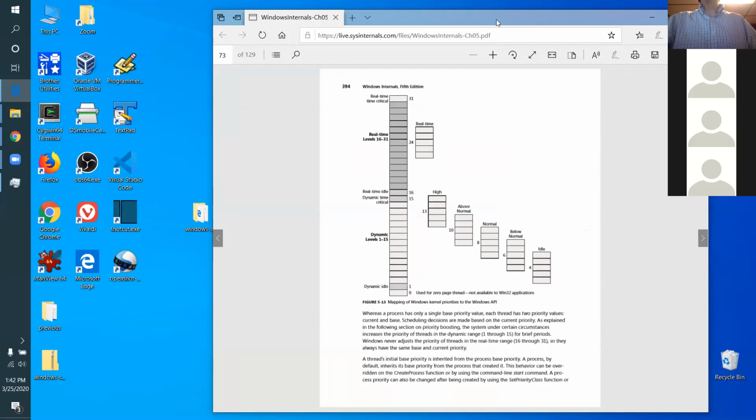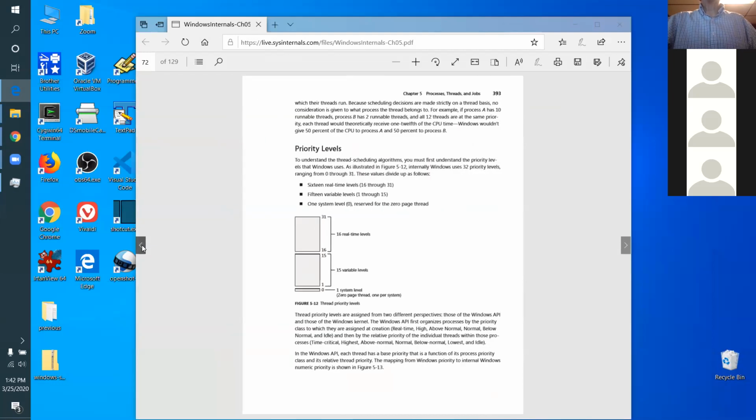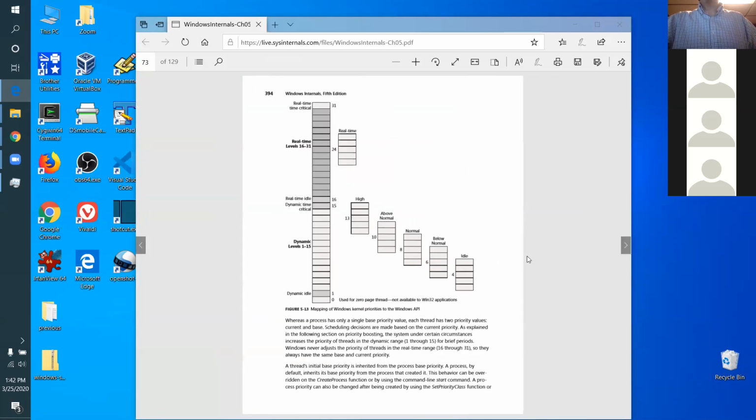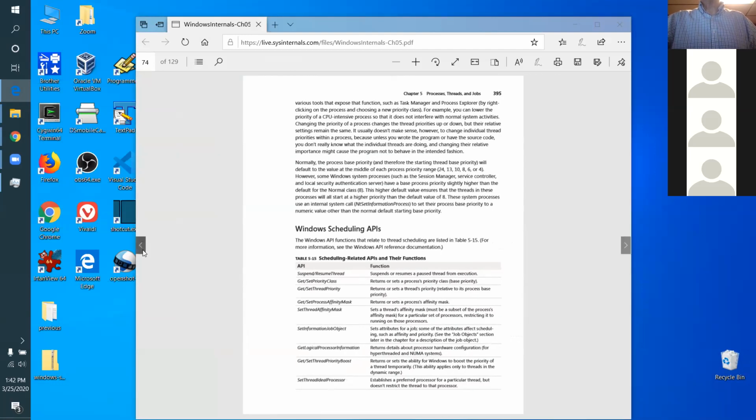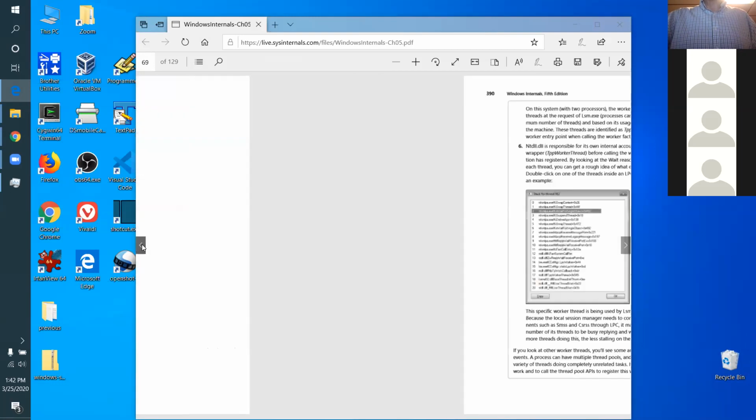Okay. So like here would be where in this book they start describing these ideas. Okay. So priority levels. Okay. So they describe things kind of well in this book. If you're curious, you can read this. If you really like operating systems, or if you really want to be a world-class expert in Windows, you can read this. Okay, it's not easy reading.